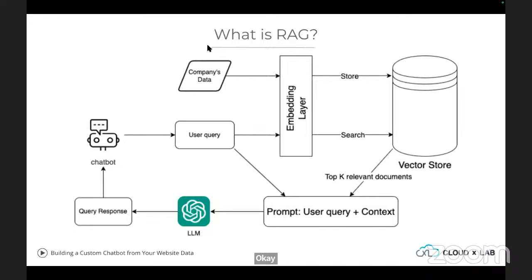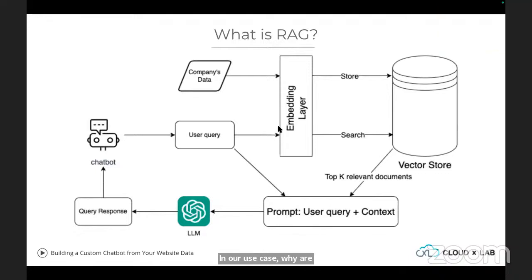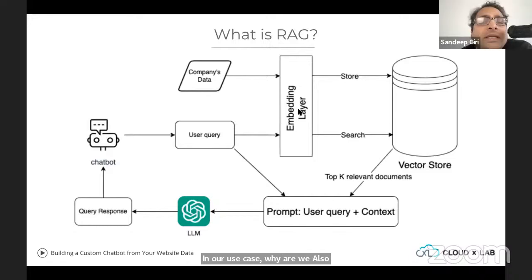So my question was, if all the questions that we ask an LLM are typically embedded by itself, in our use case, why are we also trying to embed the questions? So embedding here has nothing to do with the keyword embed.